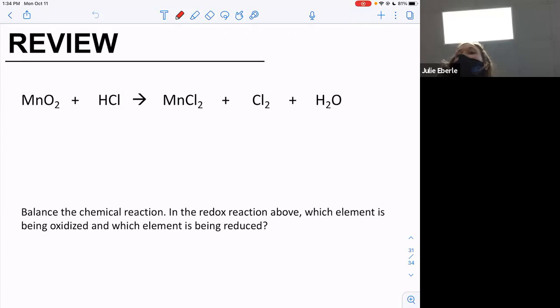The only exception is you omit mono. So this is kind of a foolproof formula for writing names of binary compounds.